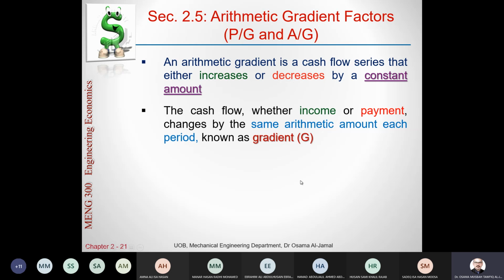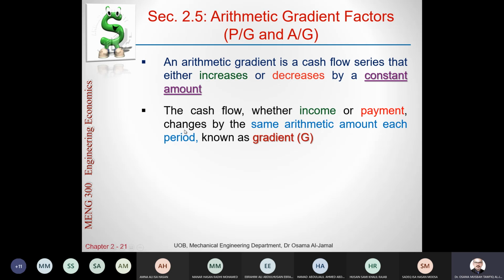So the cash flow, whether income or payment, when we said income upward or payment downward, any of them will have either increasing or decreasing cash flows by a constant amount, which we are calling an arithmetic gradient.